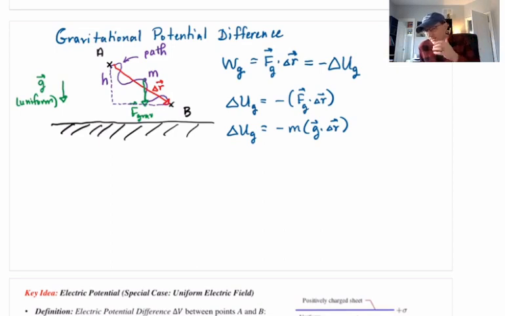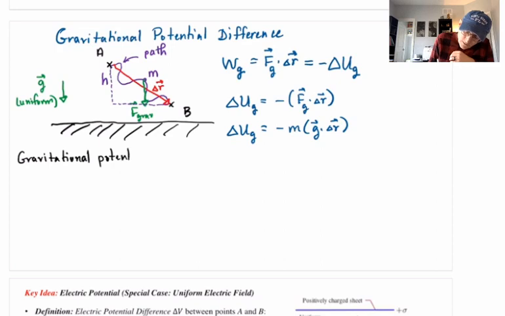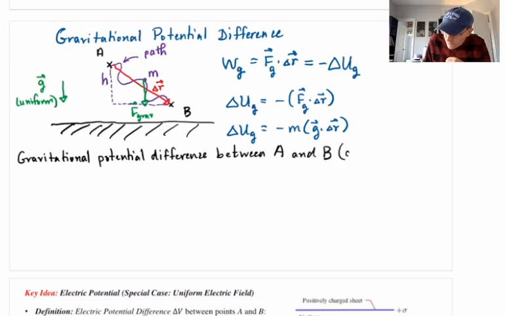All right, so those ideas should all be more or less familiar to us. Now let's introduce a new quantity that we could have done last semester, but just didn't find it that necessary at the time. I want to talk about the gravitational potential difference between our 2 points, A and B, due to our uniform gravitational field, g.